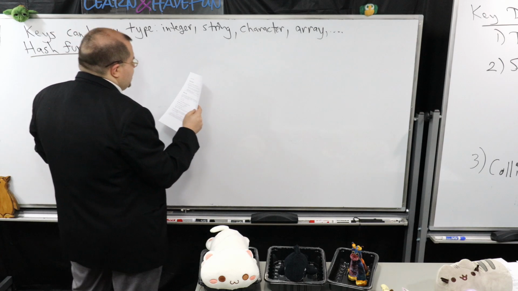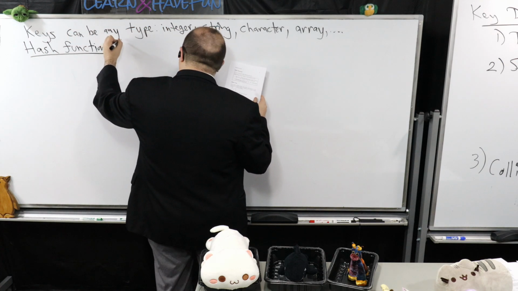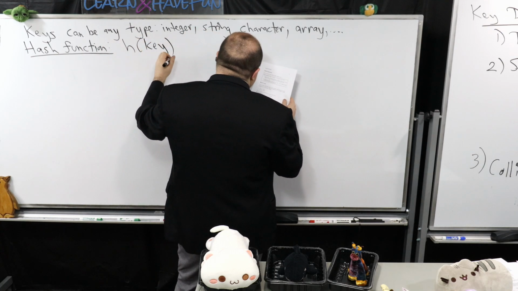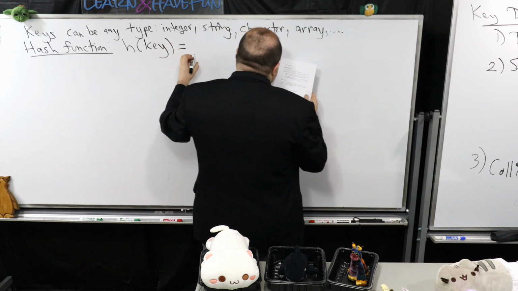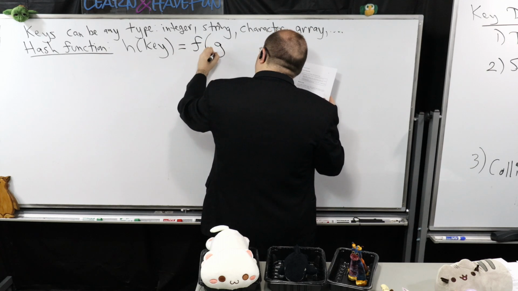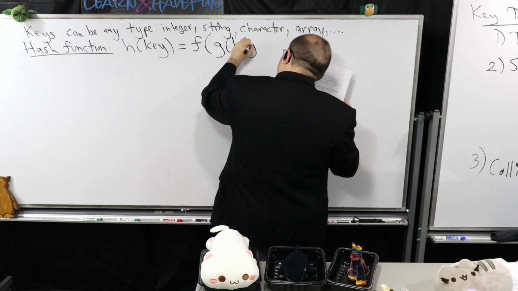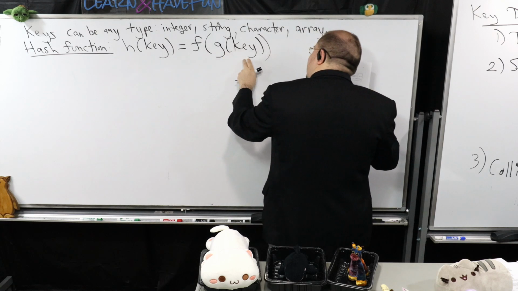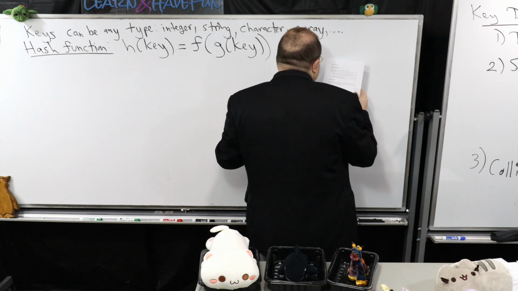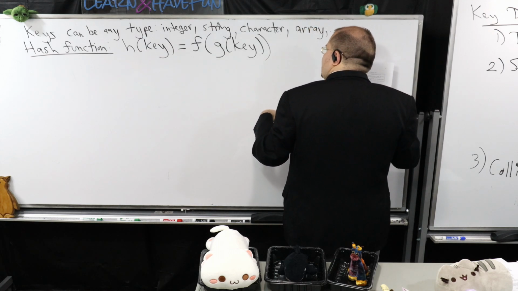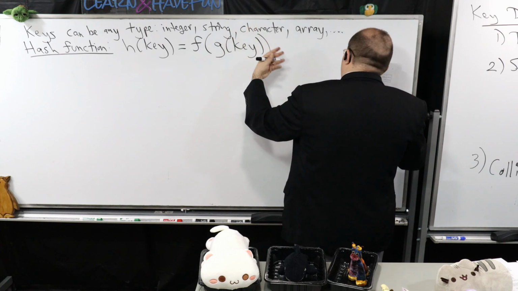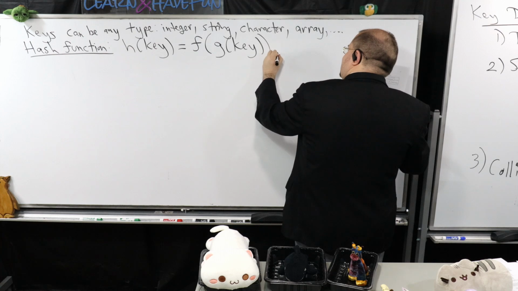So a hash function. I'm going to first give you the definition of a hash function. So h of key takes the key in as input, and as output, it computes two parts. There are these two functions called f and g, where it first applies g of key, and then the result of that is applied to f.